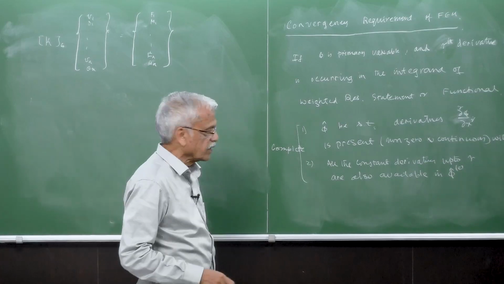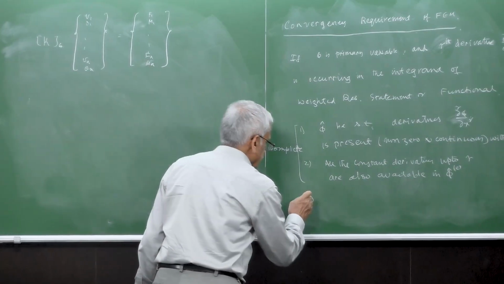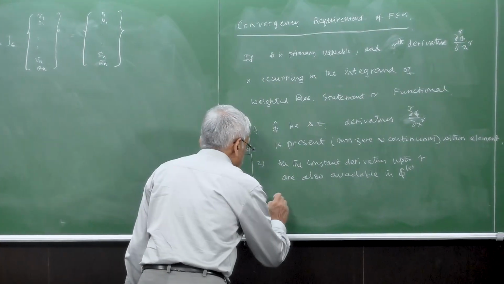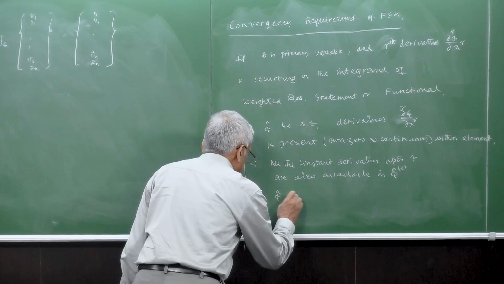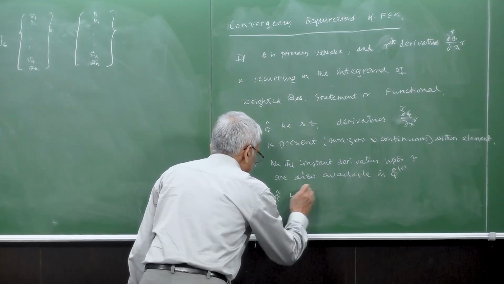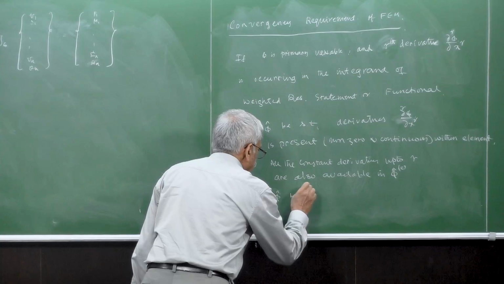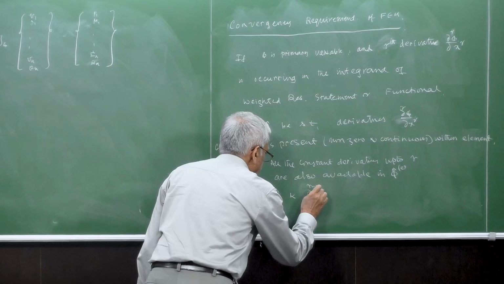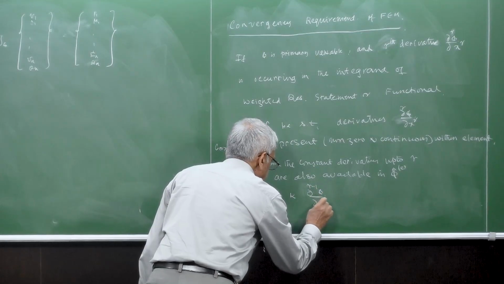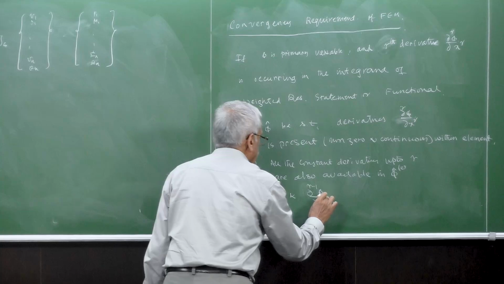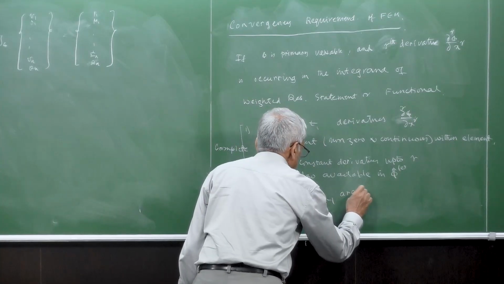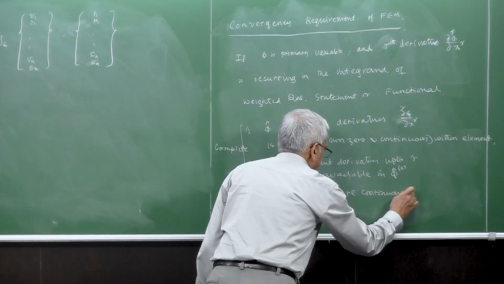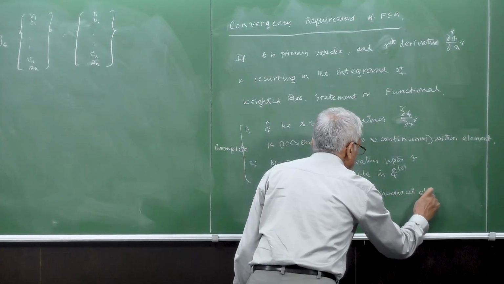Then there is one more here, the compatibility. Phi hat and its derivatives up to r minus 1 are continuous at element boundaries.